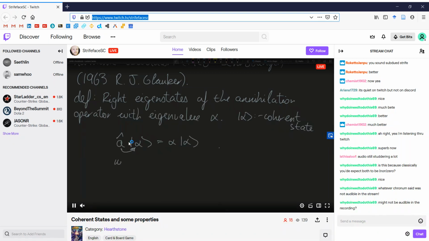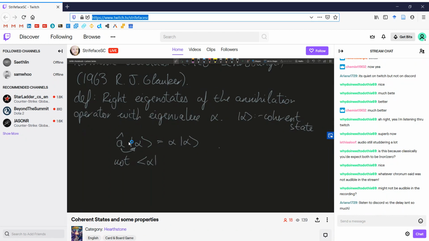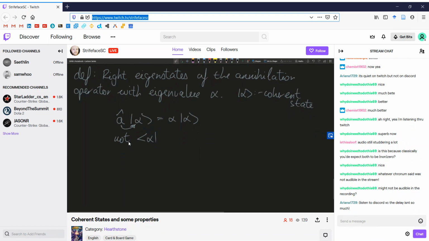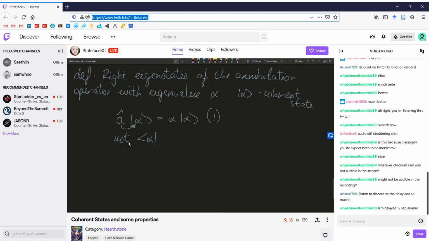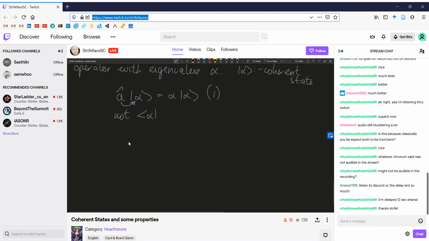So this is probably going to be the most mathematical part of the talk, but it's a really nice derivation, I think. Now we want to figure out what a coherent state is. We know this eigenvalue equation holds, so we want to evaluate what it is. First we need a basis in which to write the coherent states.